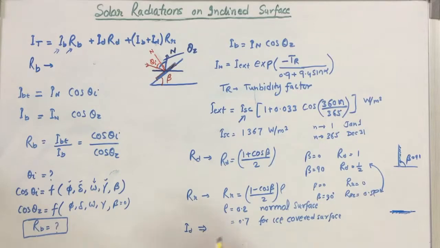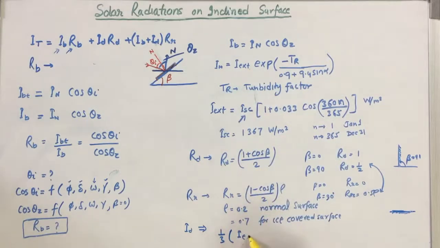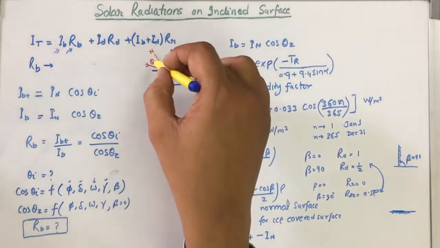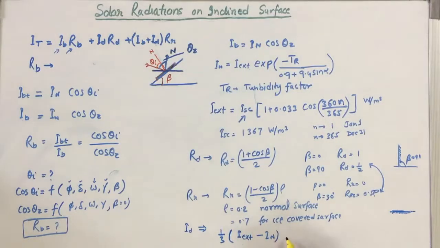In that case we have a simple formula that relates ID and these terms. ID can be written as 1/3 times (I in the extraterrestrial region minus I at the collector surface at its maximum level, that is normal level, multiplied with cos of zenith angle).